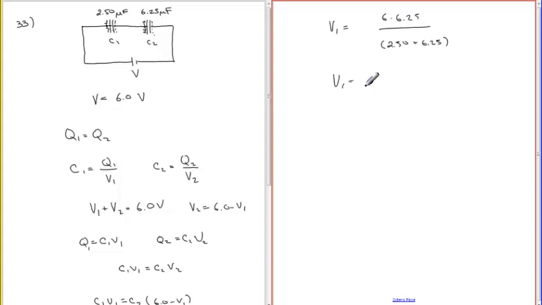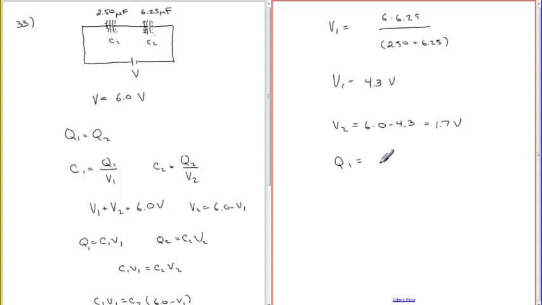And we get 4.3 volts. Okay, and therefore V2, by going down here, is just 6 minus 4.3. So that's 1.7 volts. So those are the voltages. Now we can use these equations to find the charge.